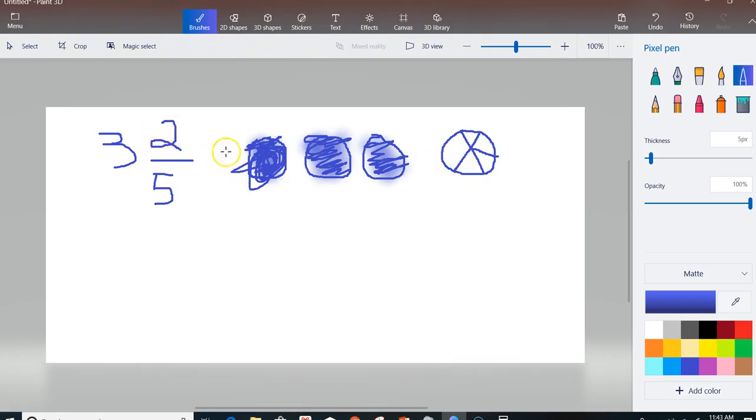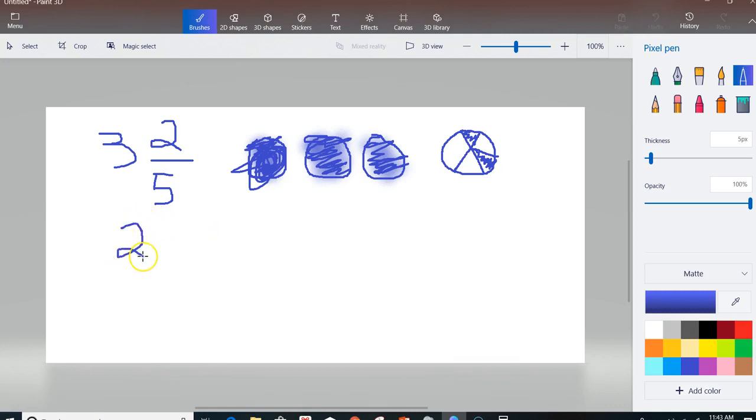But this time we're only going to pick 2. This is a way to represent 3 2/5 visually. Now let's try to do some exercises.